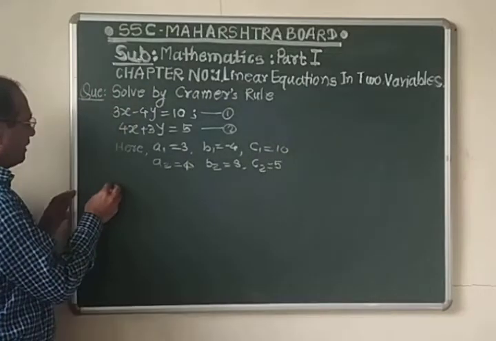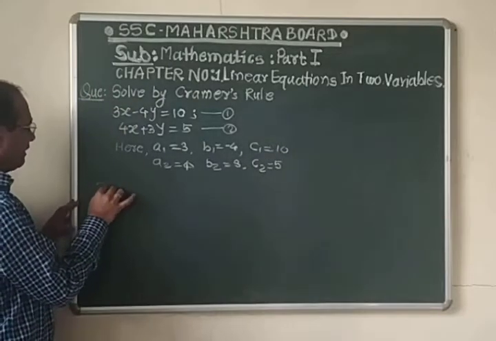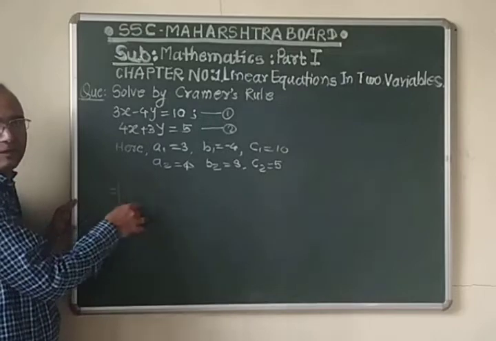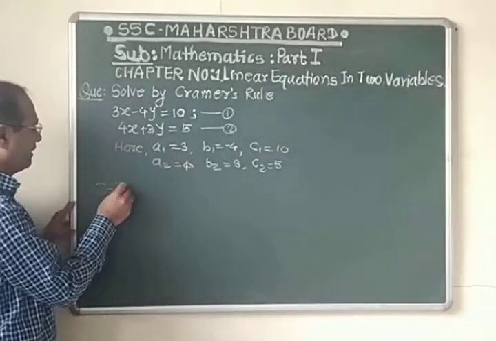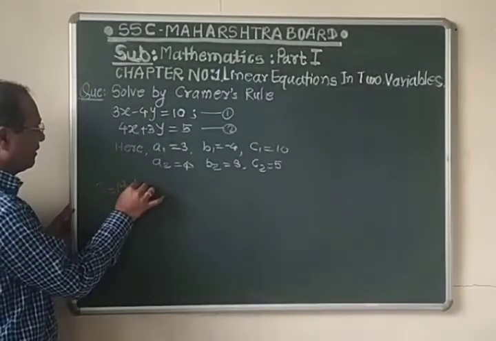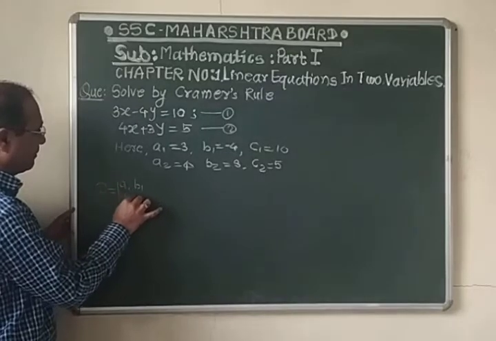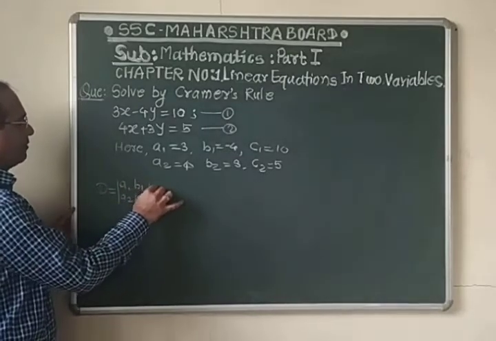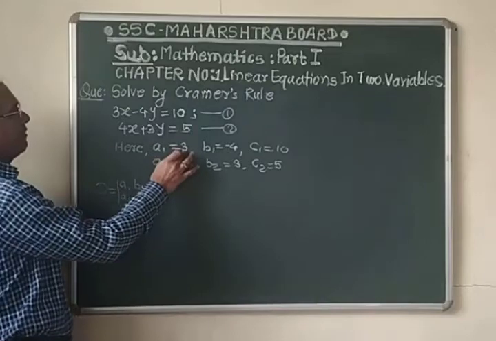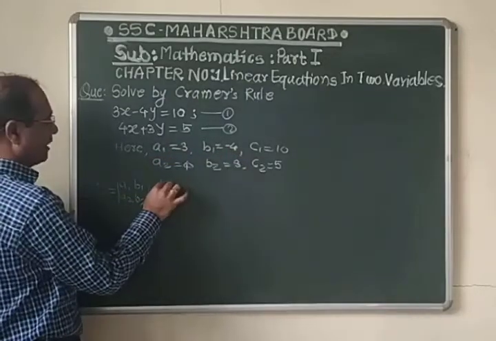Then first calculate the determinant D, which is the determinant of the coefficients of x and y, that is a1, b1, a2, b2. Now substitute the values: a1 is 3, b1 is minus 4.